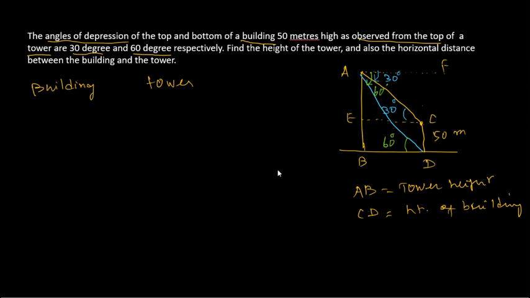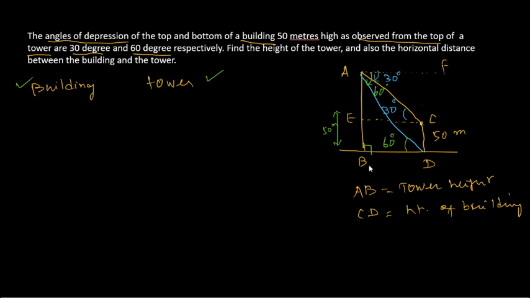So we have now two objects, building and tower. Okay. So this is 50 and this is also 50. EB is also 50. You can mention this one. This is also 50 meter. And the total height, that is the tower height, is AB. Right? Okay. Now in this case, let me consider two triangles, and this is the right angle.